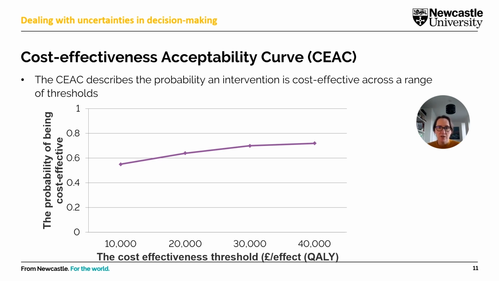So we construct it by plotting the proportion of the incremental cost and effect pairs. Think back to each of the dots, the points in the scatter plot. We're calculating the proportion of those that are cost effective, so to the south and the east of that willingness to pay line, at a number of different willingness to pay thresholds.